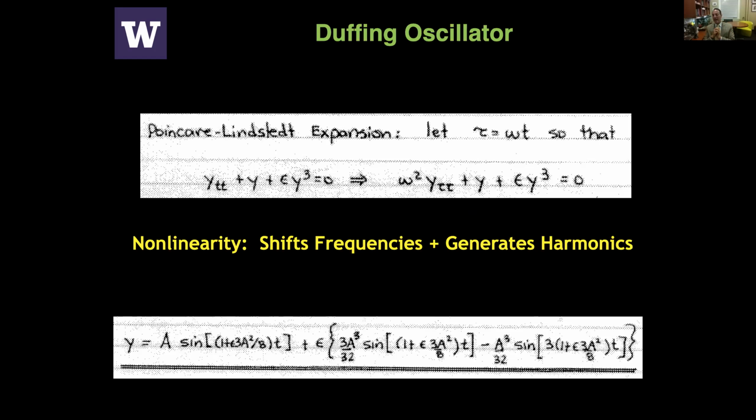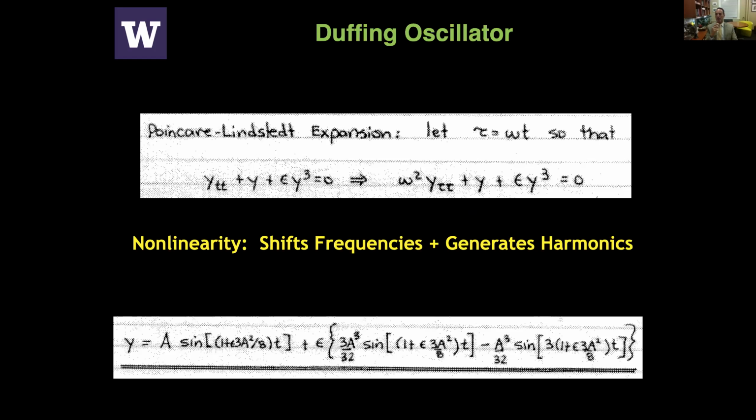Well, two things happen generically with nonlinearities. One, nonlinearity shifts the frequencies, and number two, it generates harmonics. So in other words, if you look below there, that is the asymptotic solution for epsilon being small. And so you notice your sine, which is the oscillation, gets shifted by epsilon in frequency.